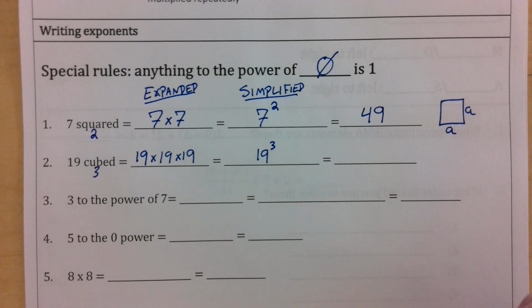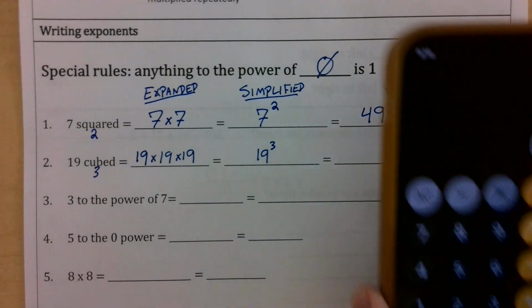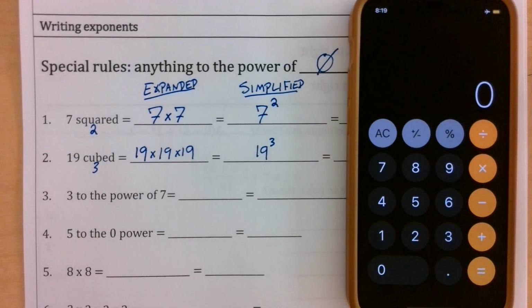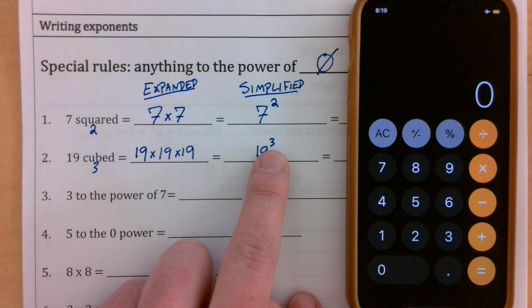Now, I don't know off the top of my head what 19 cubed is, so I'm going to pull out my handy-dandy calculator. Now, if you're using a phone calculator, the easiest way to do it, especially with a small exponent like this, is to just type it in.